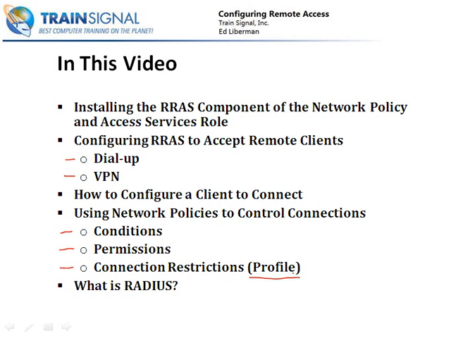So if you've ever worked with remote access policies before, the connection restrictions of the network policies are the same as the profile of the old remote access policy. But anyway, whatever you want to call it, connection restrictions or profile, what it does is just what it says. I think connection restrictions is a more intuitive term, because it is just that. It sets restrictions on the connection. We'll look at what some of those restrictions are.